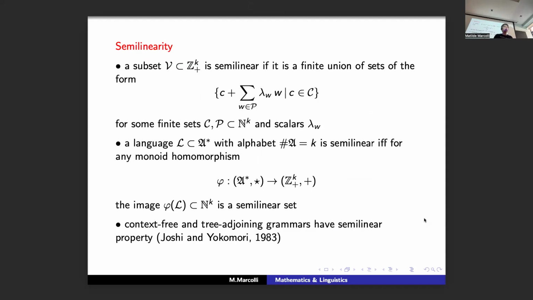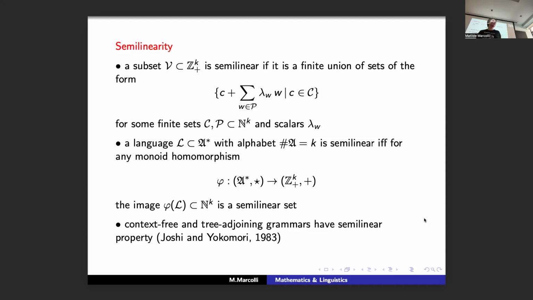A subset of copies of the non-negative integers is semi-linear if it is a finite union of linear spans. A language in a given alphabet, that is, a subset of the set of strings in the alphabet, which is a monoid under concatenation, is semi-linear in the following sense.